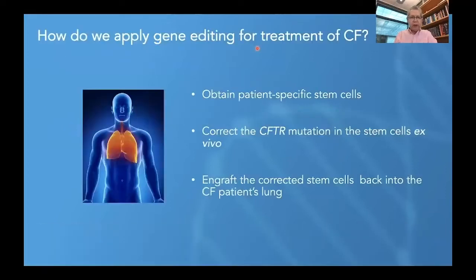So I'd like to start with a consideration of how we can apply gene editing for the treatment of CF. And the work here is really going to be focused on the 7 to 8% perhaps of individuals with CF who are not producing sufficient protein that can be acted upon by modulators for restoration of CFTR function.